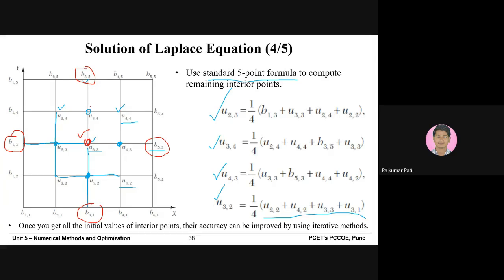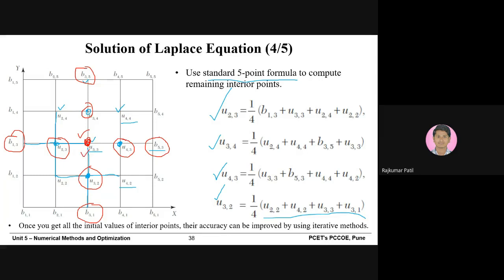Or if you know u34, u43, u32 and u23, then also you can use the standard 5-point formula to calculate u33.